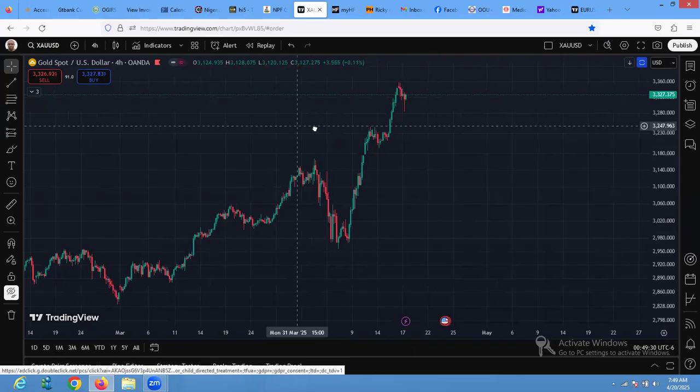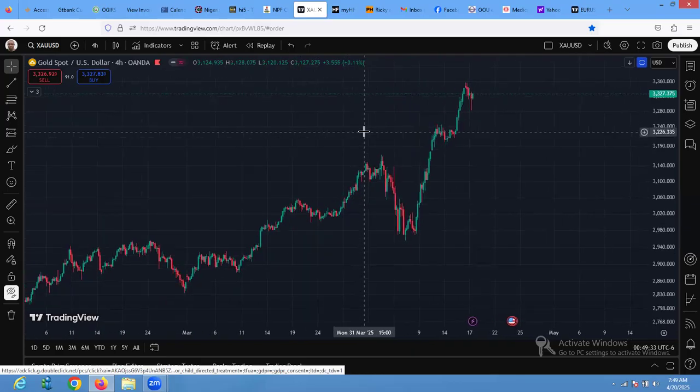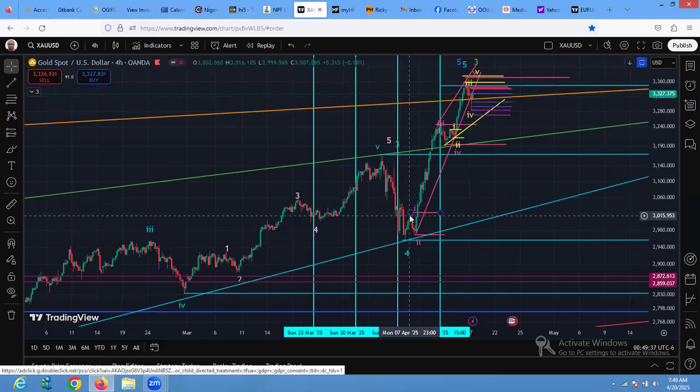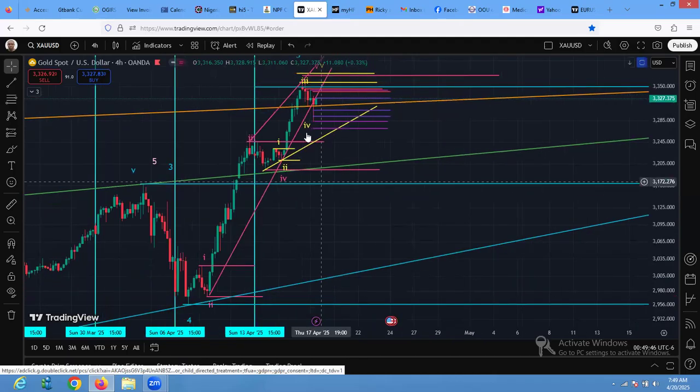I don't want to buy from this level. It's suicidal if you want to buy from this level. Let's look at it. I think for now, we can see that there is a break, and this break may mean that we now want to sell.